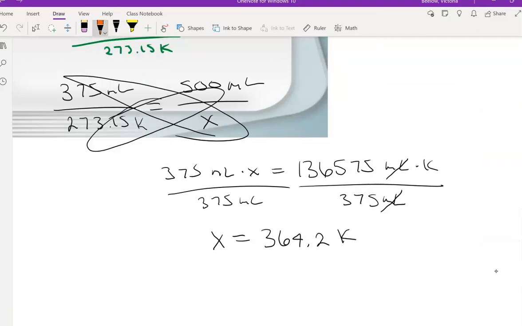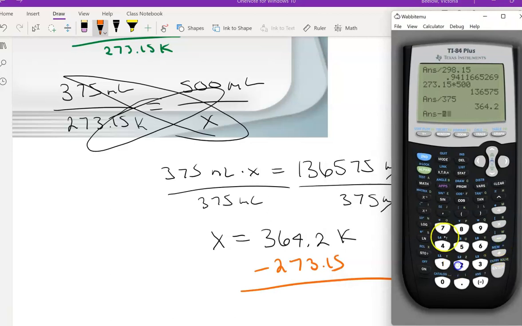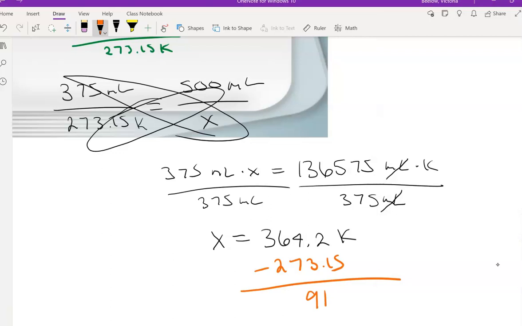If I wanted to get this into degrees Celsius, I would have to subtract 273.15. So 91.05 degrees Celsius. So if you're ever solving for temperature in one of these problems, your answer in temperature will automatically be in Kelvin, and then you can easily convert it back into degrees Celsius by subtracting 273.15.